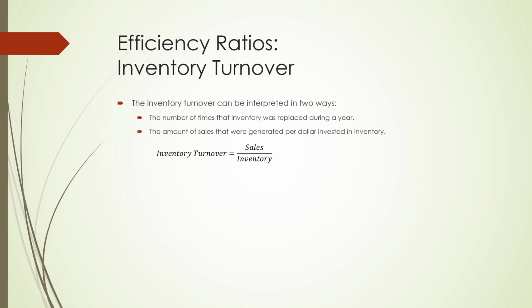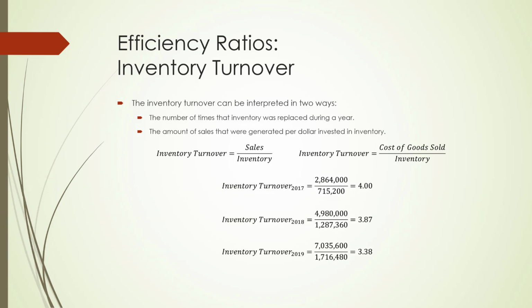So we don't have a profit margin in between that screws things up. So here's an alternative formula. And these days, I think this one is more common than sales divided by inventory. So that's what we're going to use, cost of goods sold in the numerator. And here you can see that in 2017 it was 4, it fell a little bit in 2018, and it fell even more in 2019.